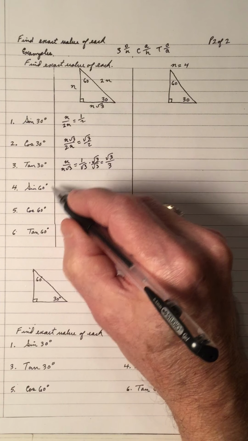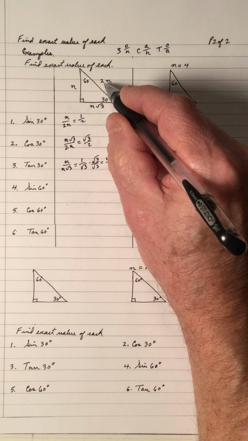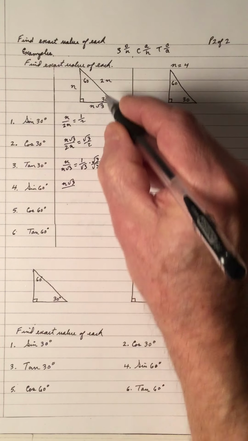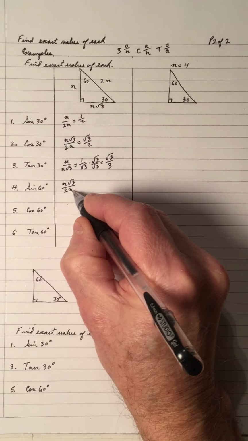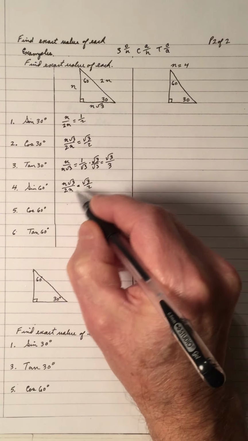And we do the sine of 60. Sine of 60 is opposite over hypotenuse, so it's n root 3 over 2n. The n's cancel out, so you get root 3 over 2.